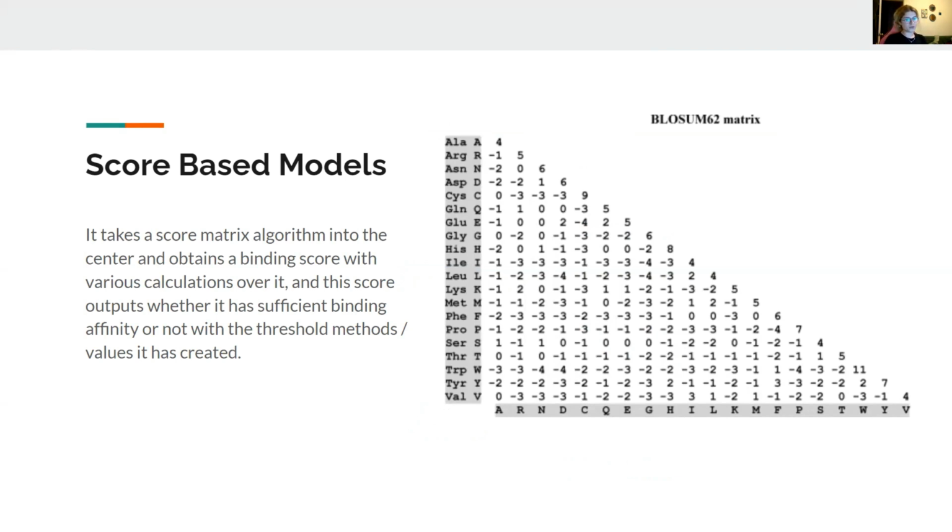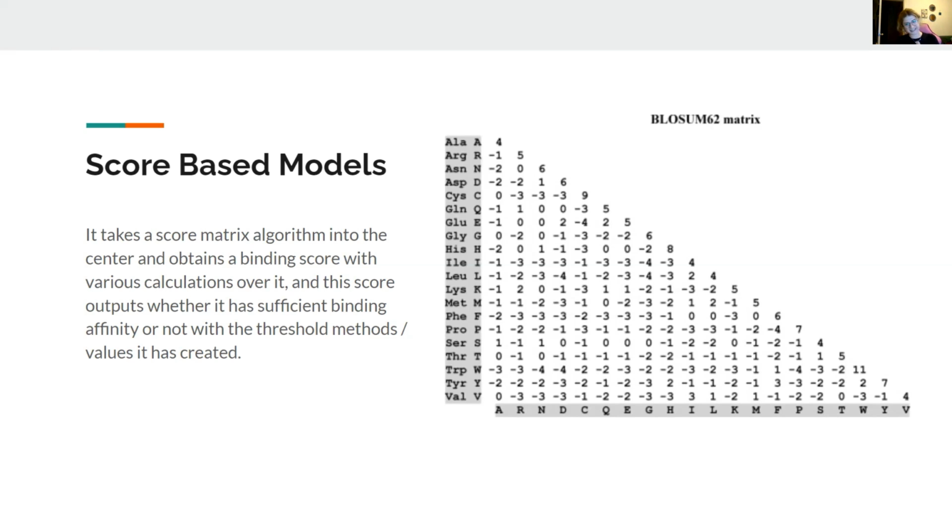These methods use more mathematics but are not suitable for all allotypes because they use a similarity matrix, and the similarity matrix can be different for each allotype, and they assume a homogeneous structure. It takes a score matrix algorithm at the center and obtains the binding score with various calculations over it. The most trending ones, like I said, are Rankpep and SYFPEITHI.